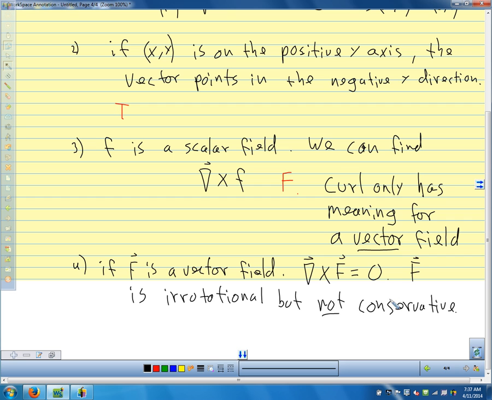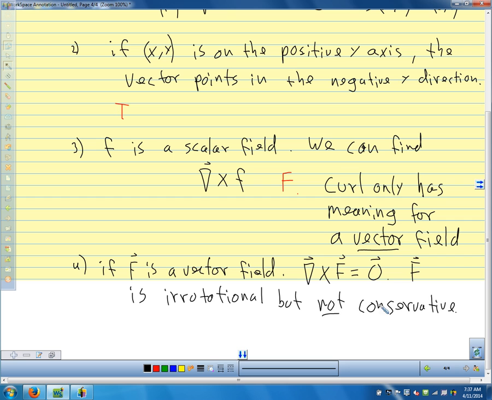Could the curl be 0 at a point and have the field still be conservative? Not conservative. I think so.